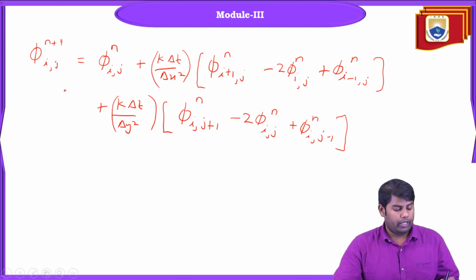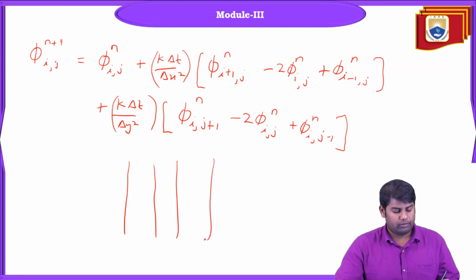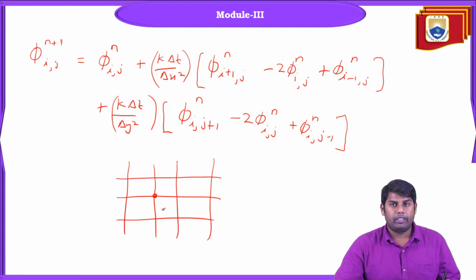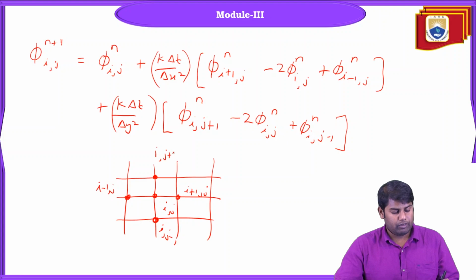Okay, so you take a two-dimensional mesh. We take this point which is i comma j. We take this point which is i plus 1 comma j, this point which is i minus 1 comma j, this point which is i comma j minus 1, and this point which is i comma j plus 1.